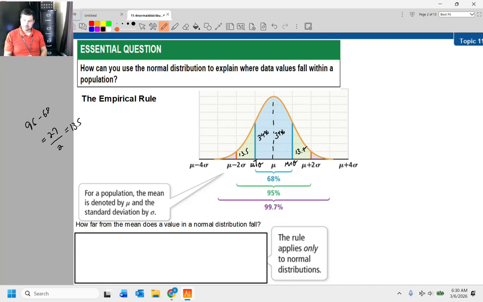All right. Then, according to the empirical rule, within 3 standard deviations, we contain 99.7% of the curve's data. So we've already accounted for 95, so 99.7 minus 95 is 4.7, and we cut that in half, and we get 2.35.